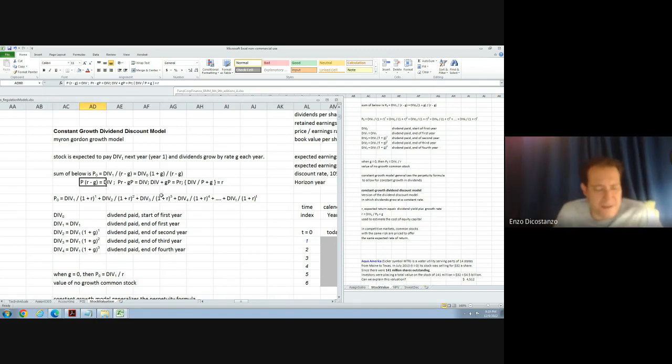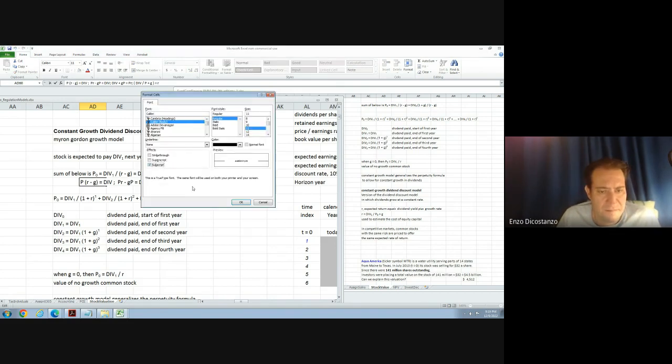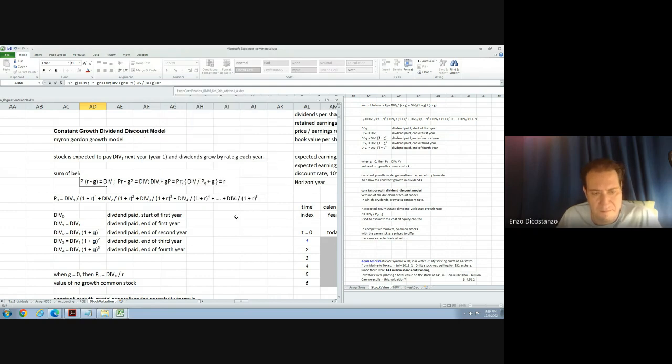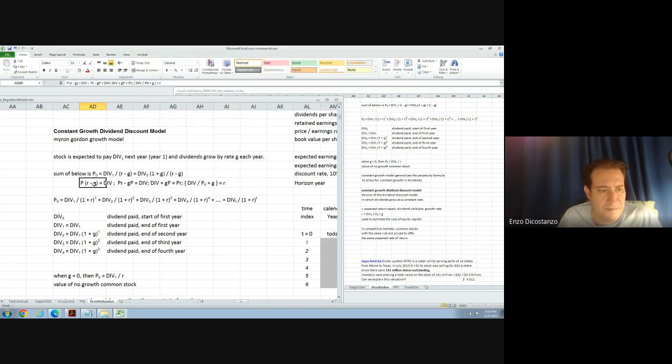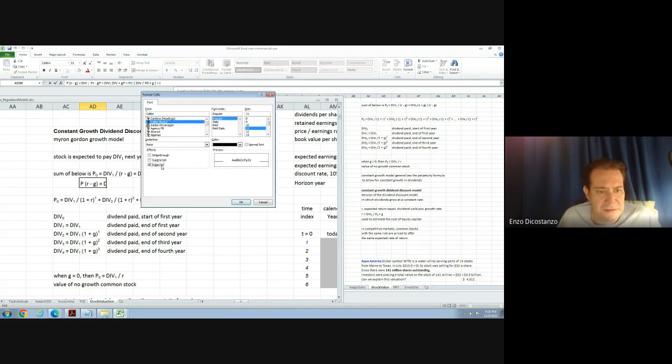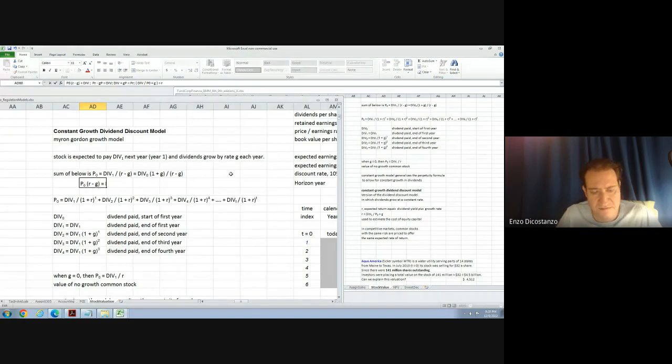You could go back with this thing, and you start clicking all over the place, and just throwing all your subscripts in here.